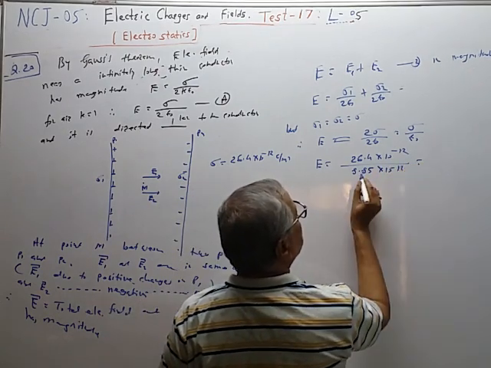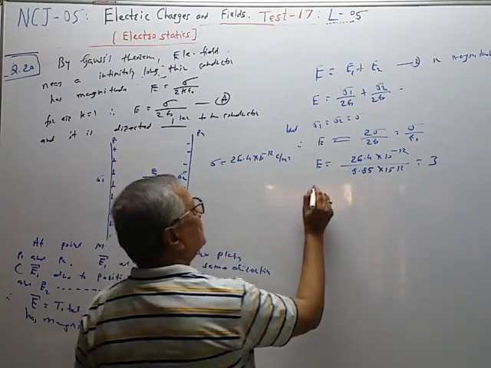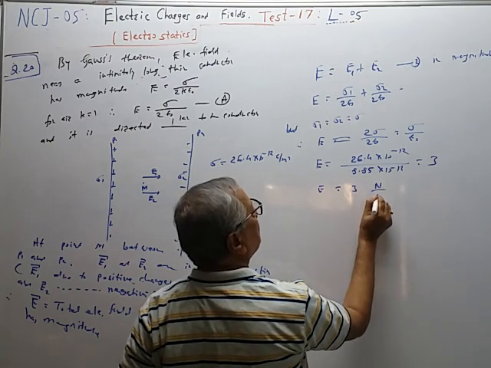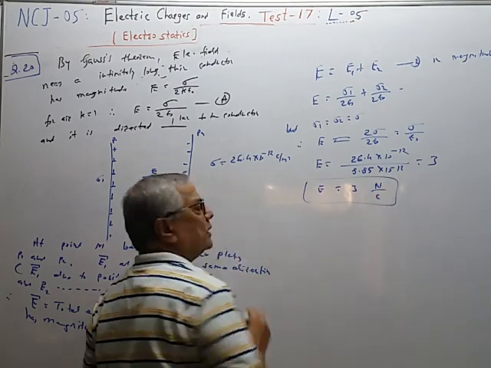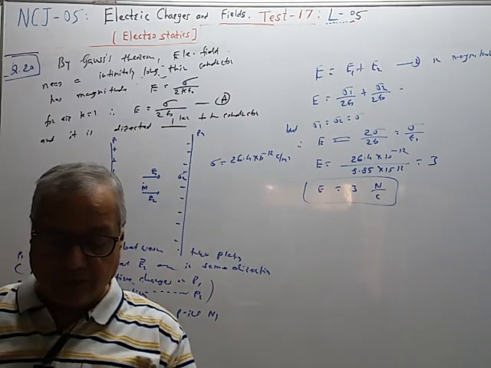So 10 raised to minus 12 will get cancelled. This is nearly 3. So E is equal to 3 volt per meter or 3 Newton per coulomb. So electrical intensity between the two plates is equal to this much here. So correct choice is C.